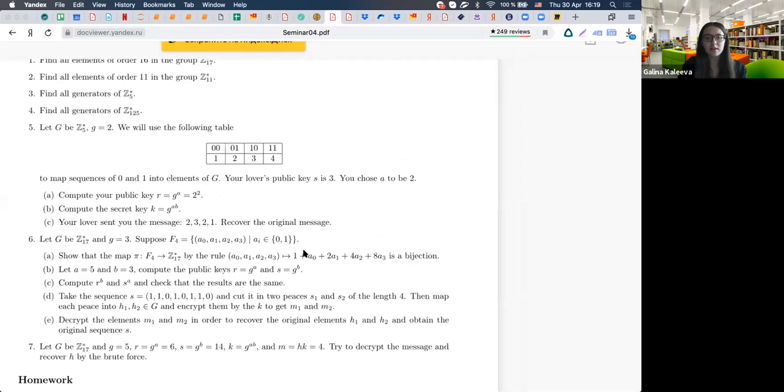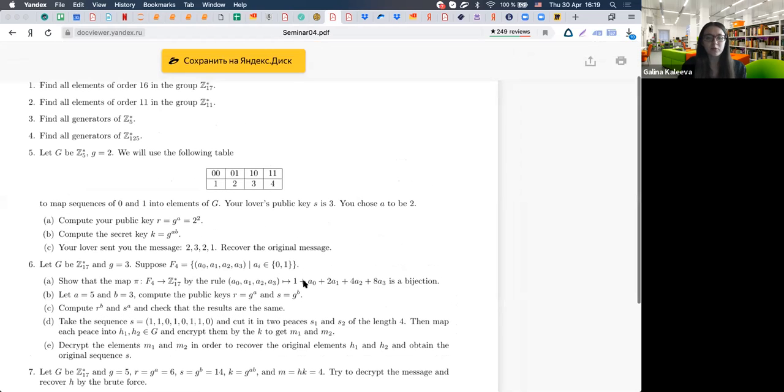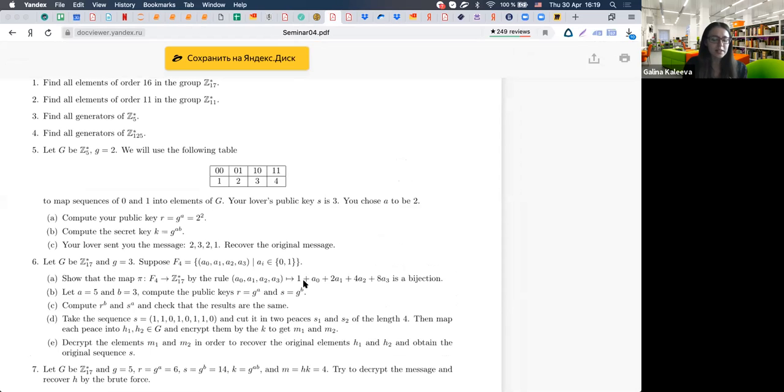So the first task is to show that the map from F4 to Z17, described in the problem by the rule 1 plus a0 plus 2a1 plus 4a2 plus 8a3, is a bijection.